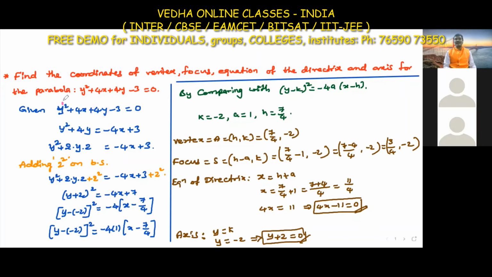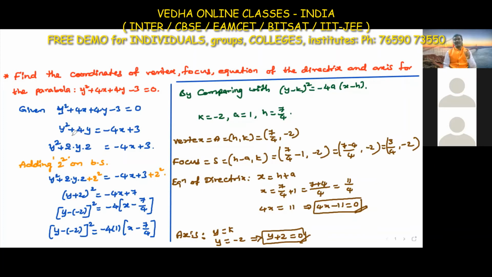Wherever you have the square, take those terms on the left side, remaining terms on the right side. Here we have the square for y, so that's why the y square term and y term, keep them on the left side. The remaining x term and constant we took to the right side. Whenever we take the x term and constant to the right side, we have to change the sign. Plus 4x becomes minus 4x and minus 3 becomes plus 3.